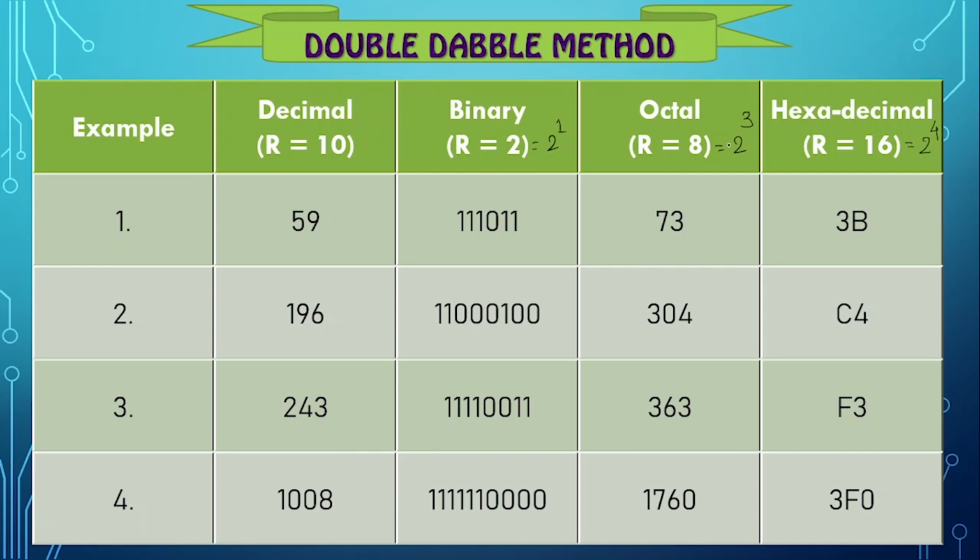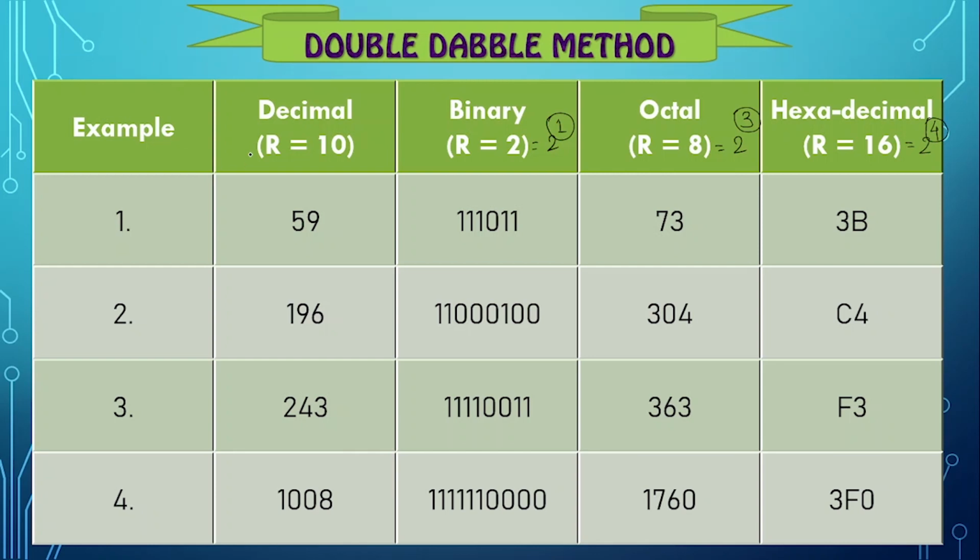Now this power shows that a group of 3 bits of a binary number is equivalent to 1 bit of an octal number, and this power 4 means a group of 4 bits of a binary number is equivalent to 1 bit of a hexadecimal number.